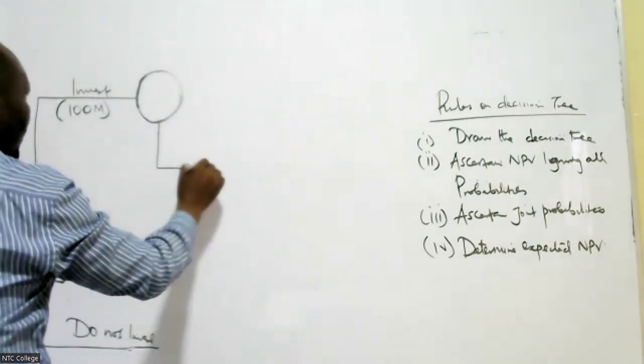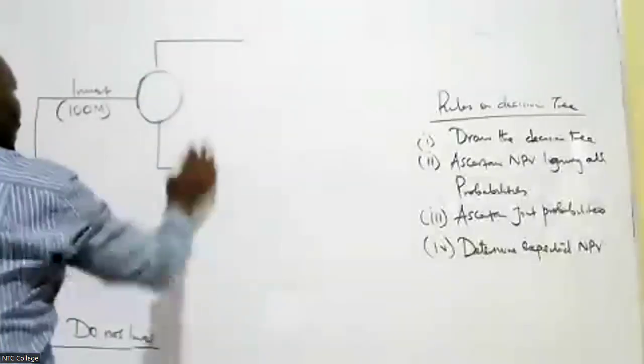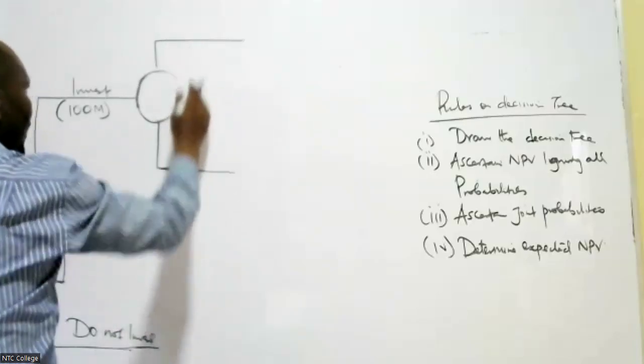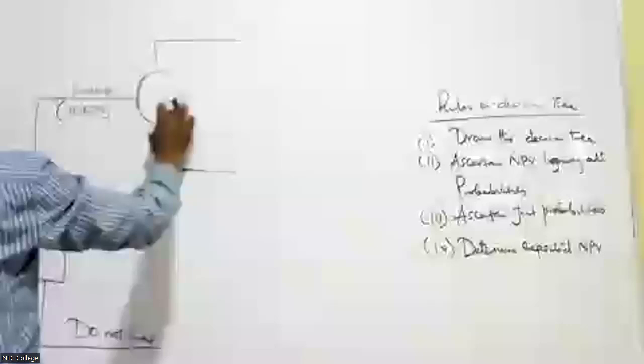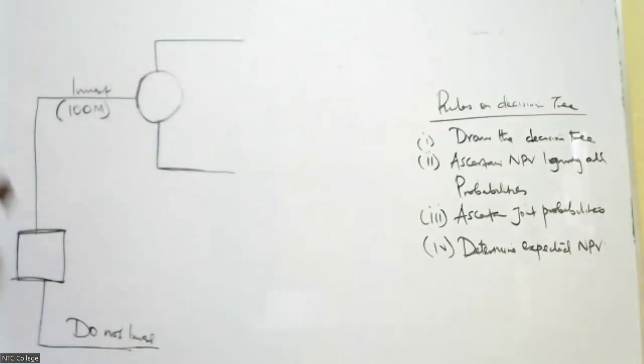That is the first year. Here is the first year. So what is going to happen here? What are the options? Are they 2 or 3? There are only 2.